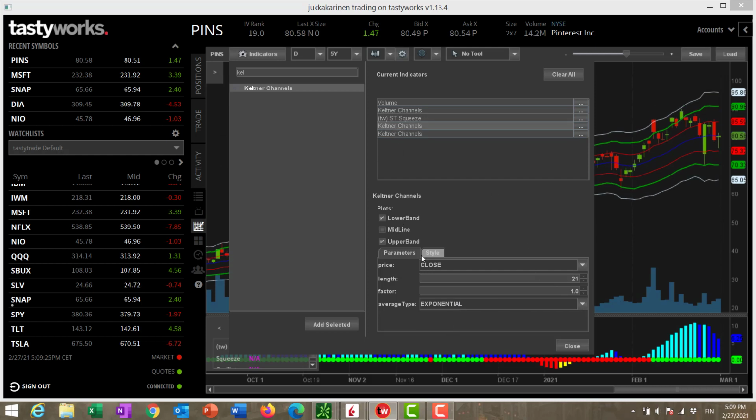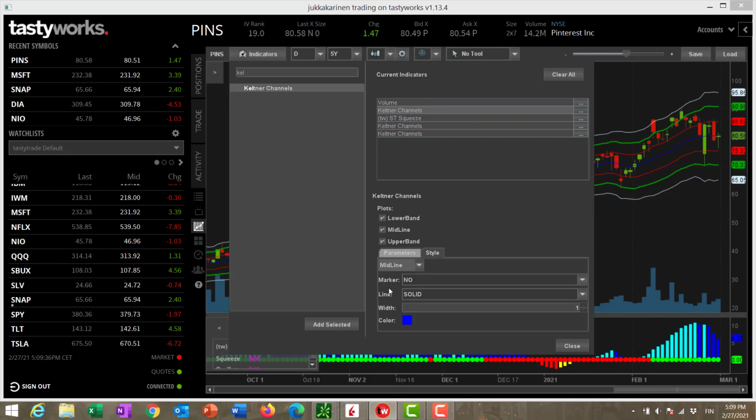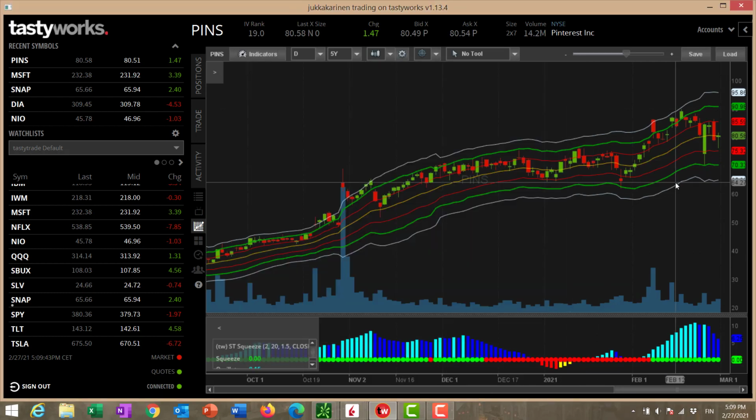I don't need to see the midpoint in here either. The first one, I can keep that red, and here the midline should probably be some other color that I can see better. I'll make that yellow.